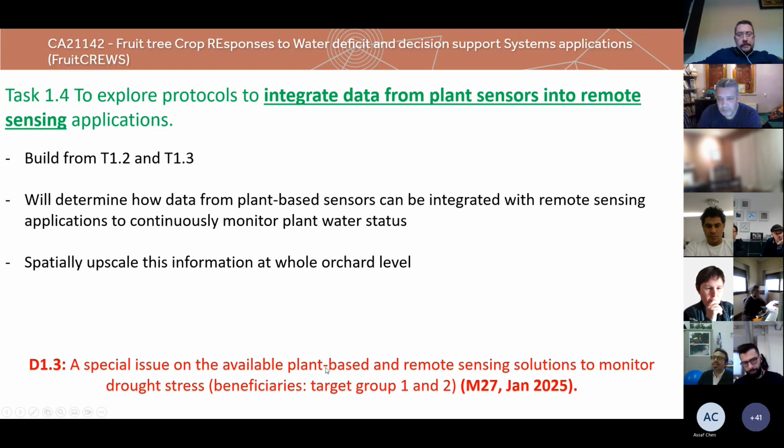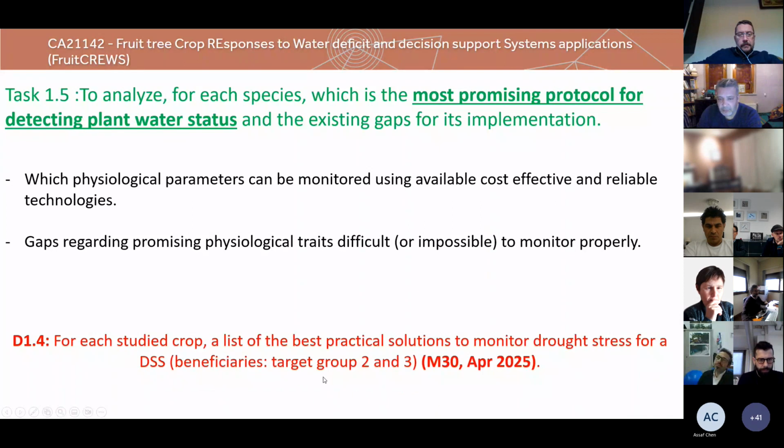And at the end, task 5 is addressed on building up a protocol that takes together the information and how to act. This is a little bit overlapping with the decision support system WG. So this activity could be a common activity between the two working groups.